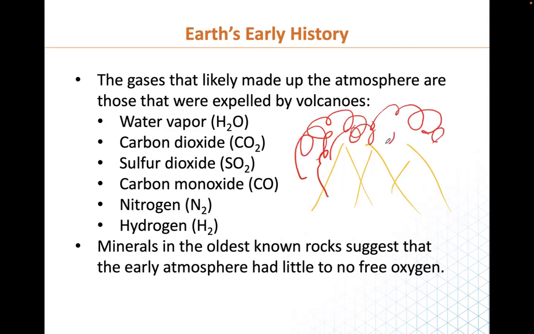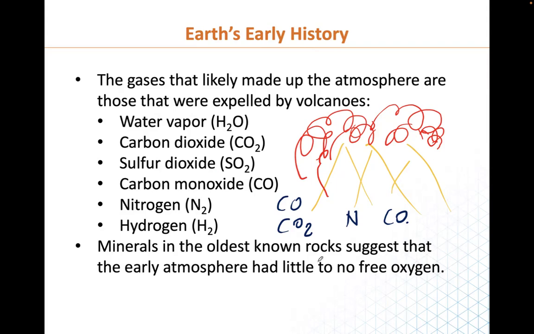Most of these gases are CO, carbon monoxide, or CO2, carbon dioxide. We also have nitrogen, sulfur oxide, and hydrogen. All of these gases are produced from volcanic eruptions.